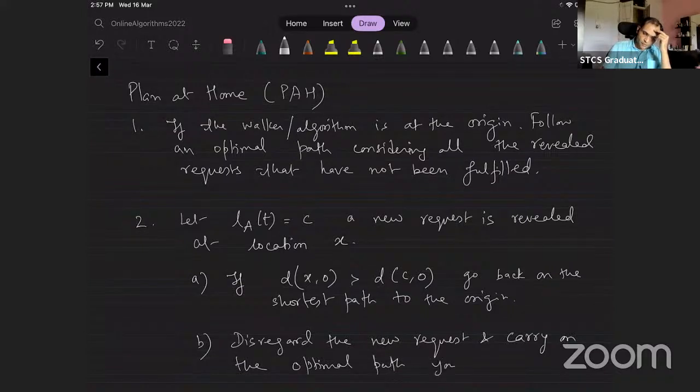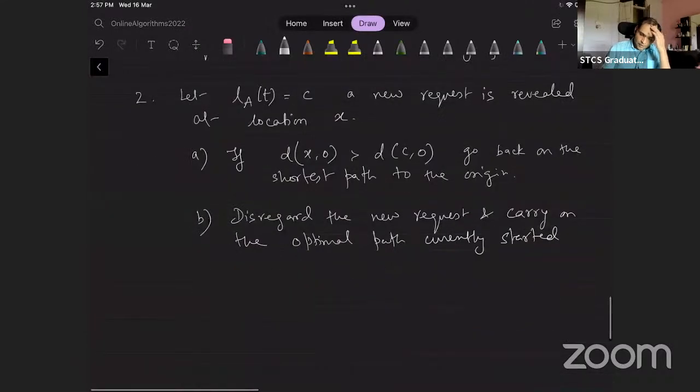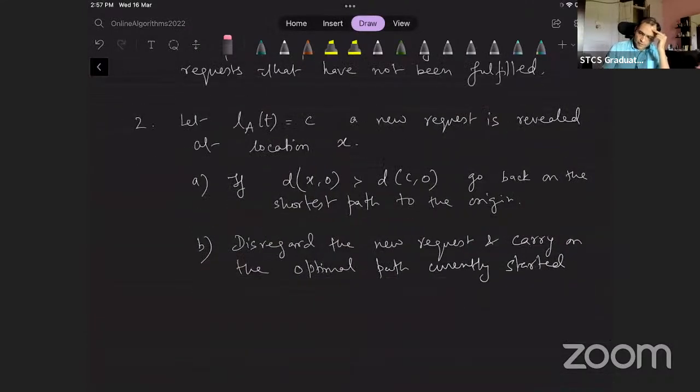The algorithm is: carry on the optimal path currently started, since the previous visit to the origin.